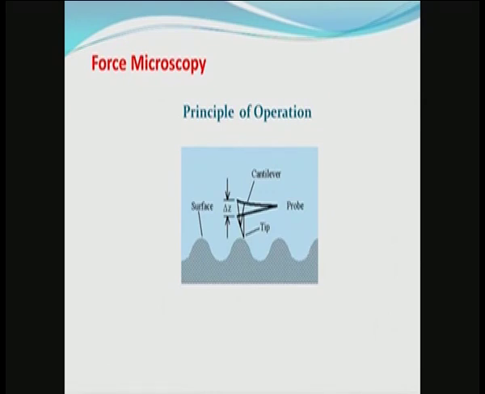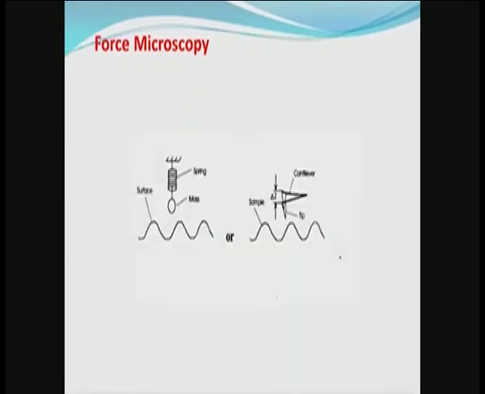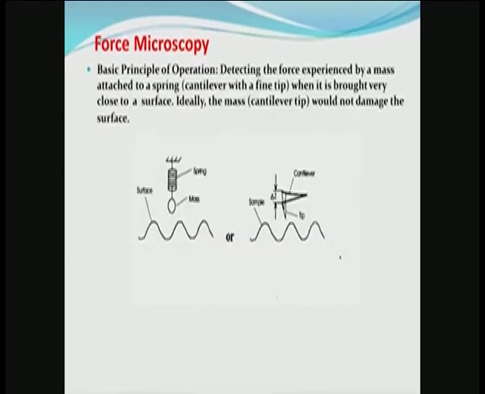Now, we come to force microscopy. Force microscopy, as described by atomic force microscopy, AFM, you are probably familiar with AFM as a technique. Now, what is the principle of operation of this? The basic principle is detection of the force experienced by a mass attached to a spring, that is a cantilever with a fine tip, when it is brought very close to a surface.